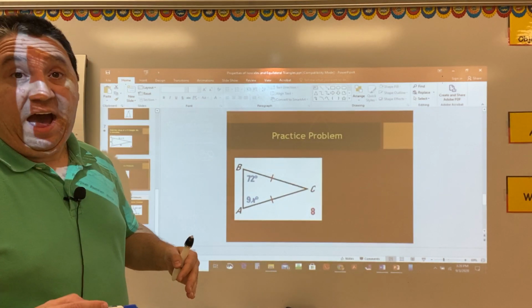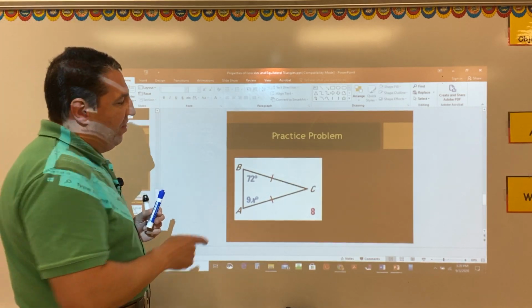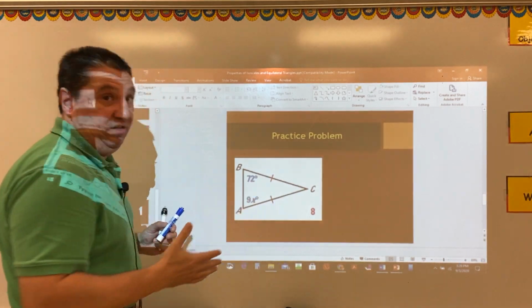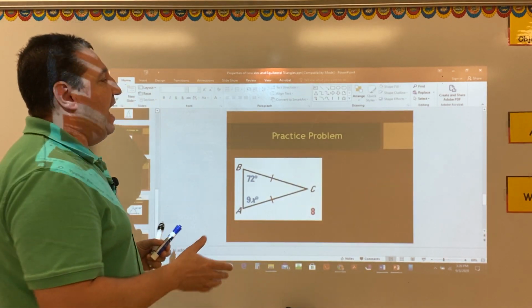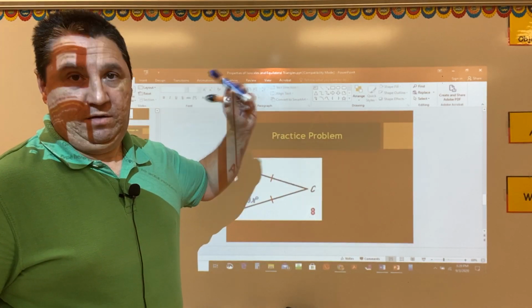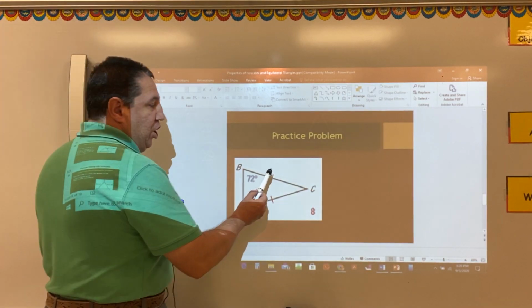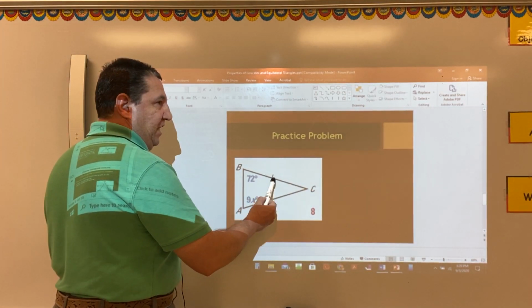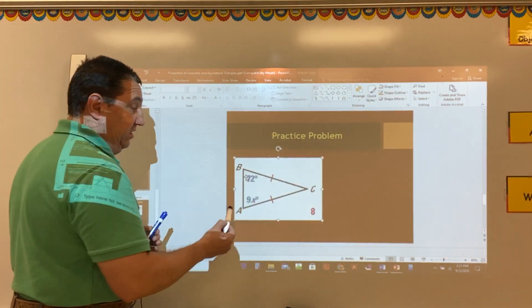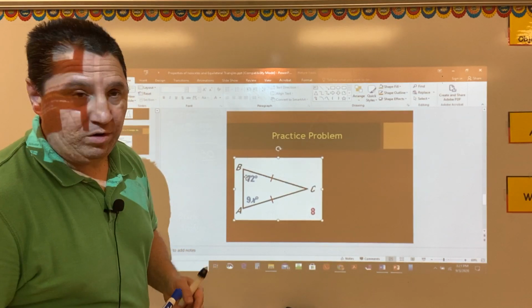This time we have another isosceles triangle, but this time the sides are given, they are congruent, and according to the converse of the isosceles triangle theorem, if two sides of a triangle are congruent, automatically the base angles are congruent, means equal, right?